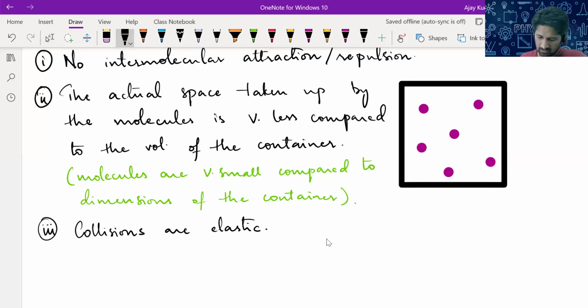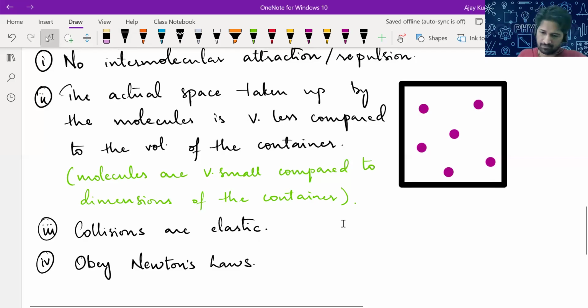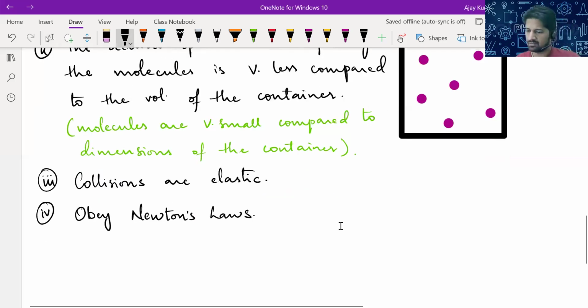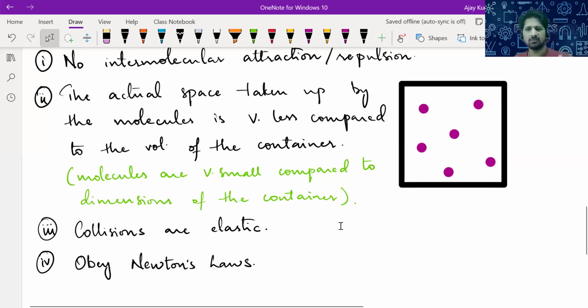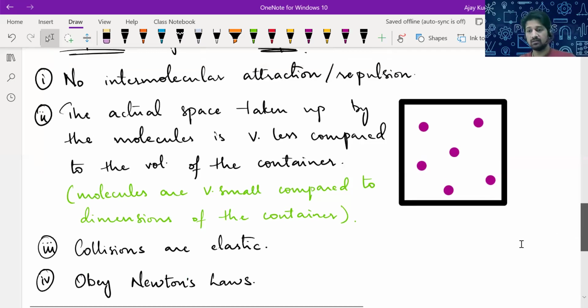And during these collisions, we assume they obey Newton's laws. Fine. So these are the fundamental properties of an ideal gas, which are important, and based on these assumptions we will derive some relations or formulas for an ideal gas.